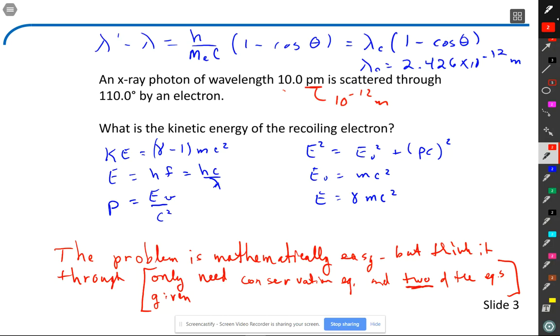What is the kinetic energy of the recoiling electron? So work on it. Get paper, work on it.